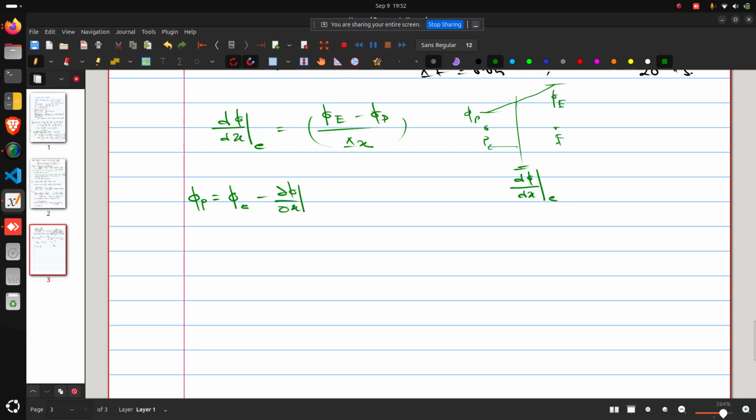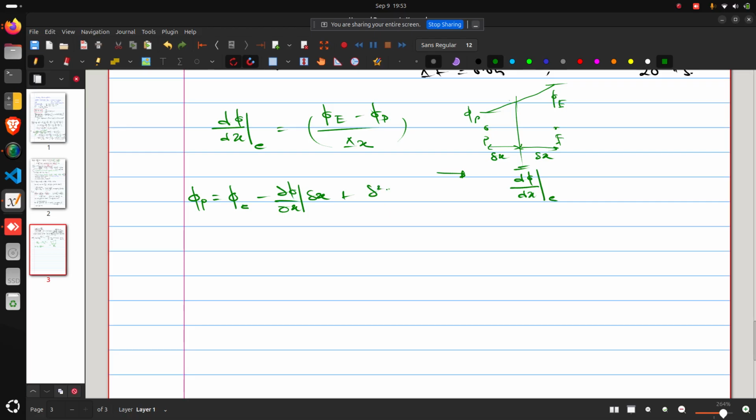Let's just assume this is delta x and this also to be delta x. Just assuming, okay? And this will make our life easier. So delta x plus this, because we are going backward, right? So phi p is in the backward direction from the east face.